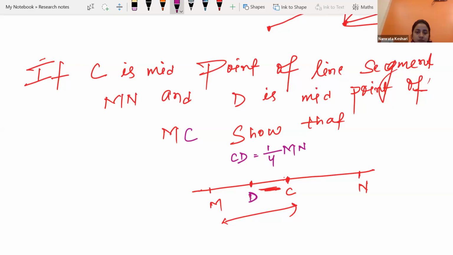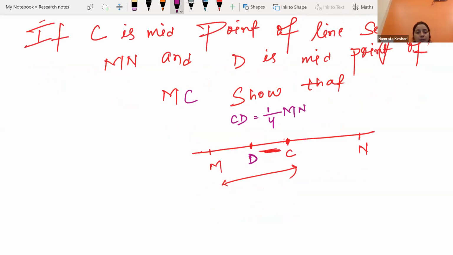What is same in this? How to do this? Okay, let's discuss it. If C is the midpoint, for now we understand that MC and CN will be the same, right? Yes, ma'am.